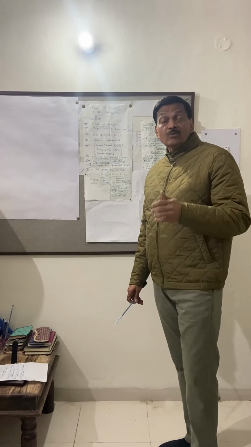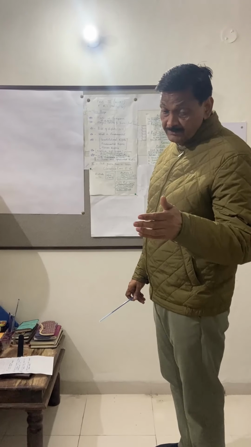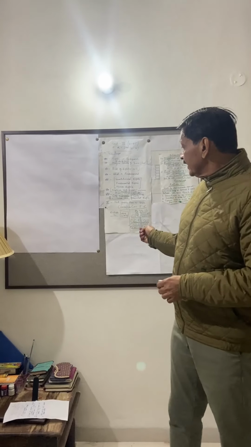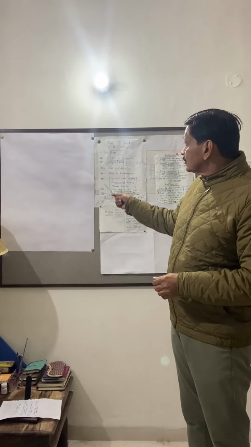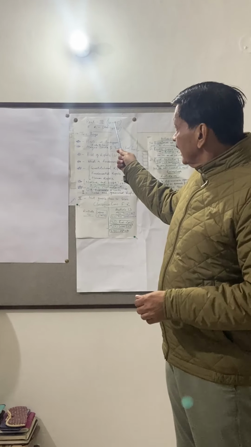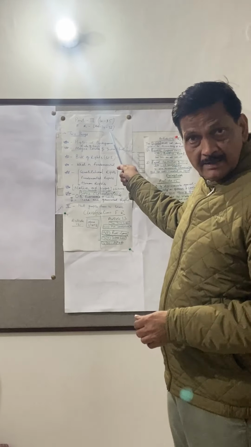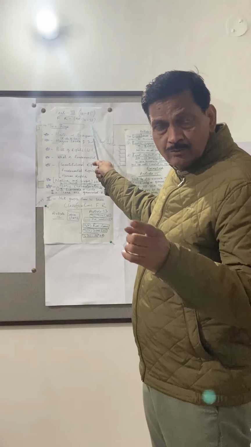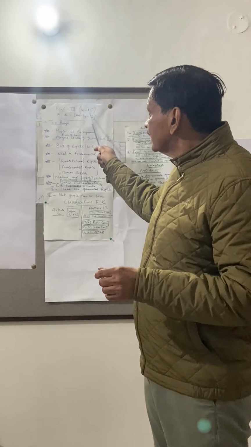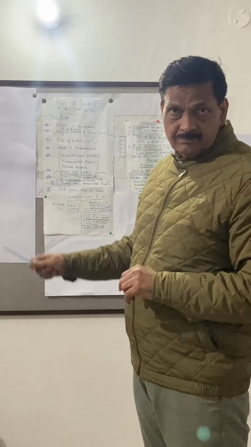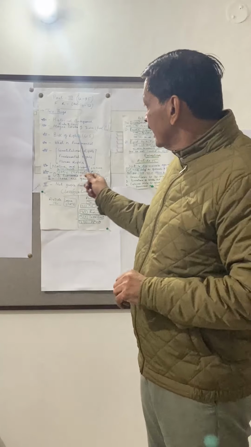Now, we are moving on to the second part of this lecture, which deals with the classification of fundamental rights. Here I would be explaining not only the fundamental rights, that is Articles 14 to 32, but all the articles mentioned in Part 3 of the Constitution.